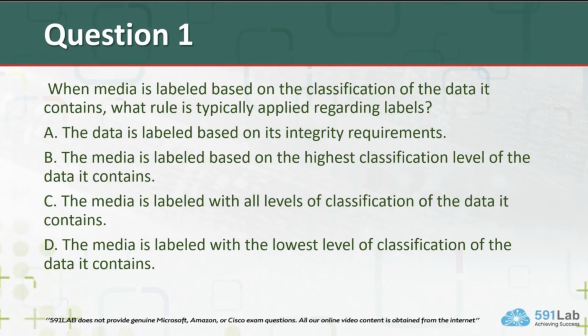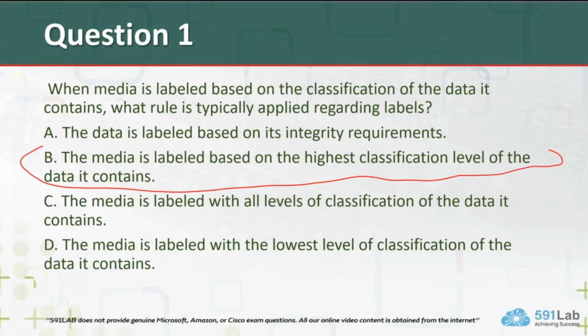So the correct answer, actually, if it contains some confidential information, or let's say this is the highest, then the hard disk should all be labeled as confidential. Although it may have some internal and public data as well, since it has confidential data on it, we're going to label the whole hard disk as confidential, which means the correct answer for this one is B.